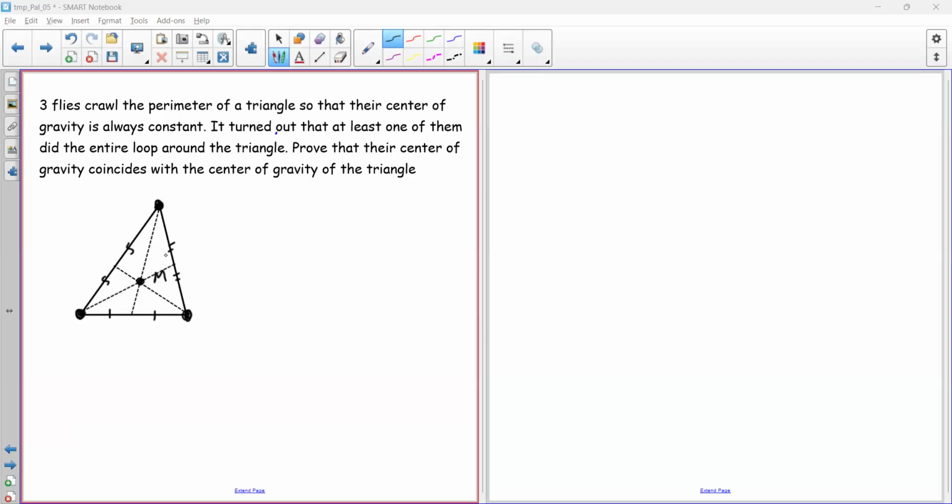So yeah, the gravity center of a triangle would sometimes be denoted with the letter M, meaning that it is the intersection of medians, but sometimes it would also be denoted with point G, standing for gravity. And when we say the gravity center of a triangle, that may also mean something different.